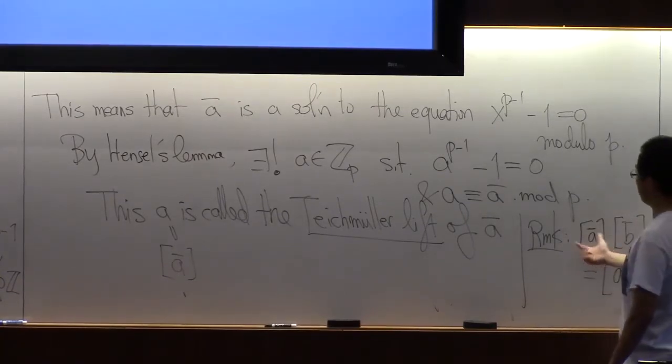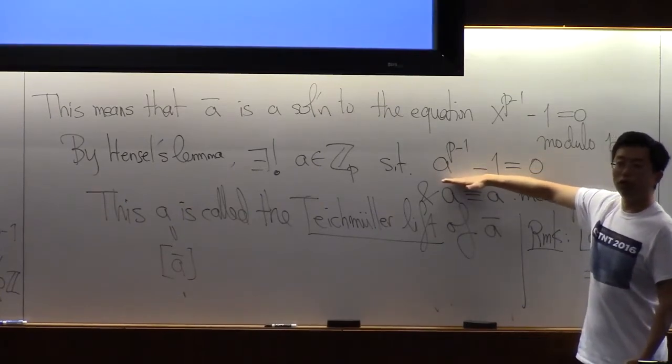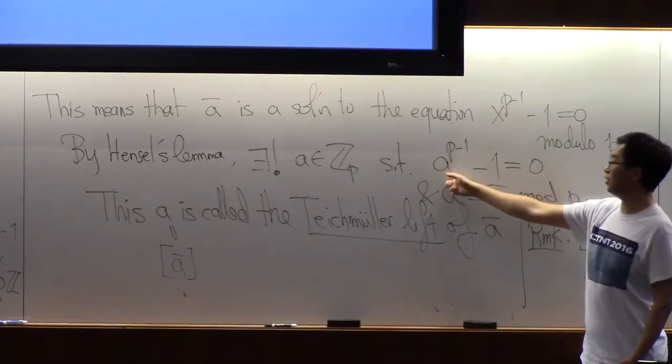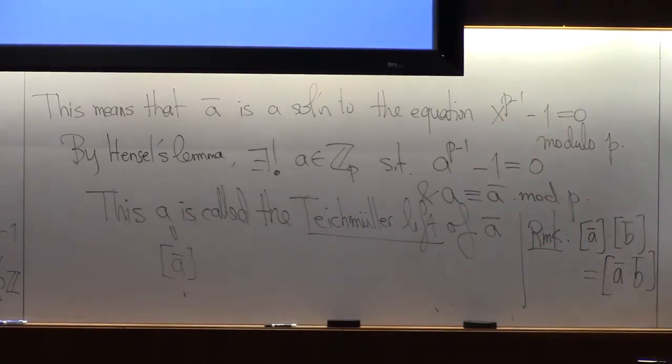Because the Teichmüller lift is going to be a solution to this equation. This equation will give you a (p minus 1)th root of unity, x^(p-1) equals 1. If this is a (p minus 1)th root of unity, and that's another one, then their product will also be a (p minus 1)th root of unity.